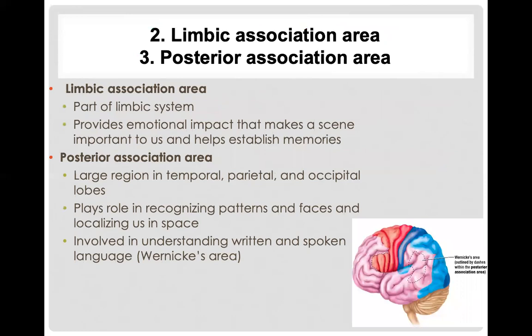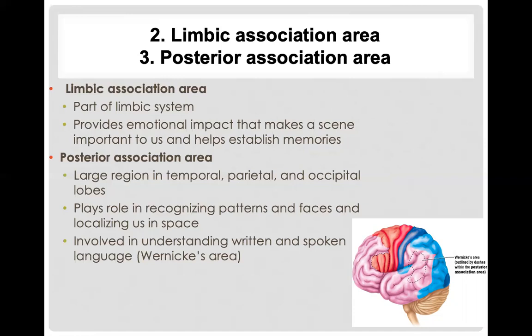Now, we also have the third association area called the limbic association area. A limbic association area is part of what we identify as the limbic system, and I'll talk about that later on. But the importance of the limbic system is the emotional impact that allows a scene that is important in your life to be transferred into your memories.